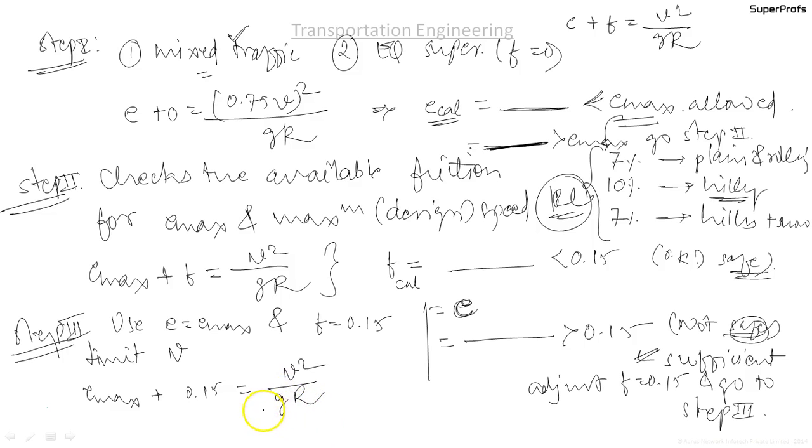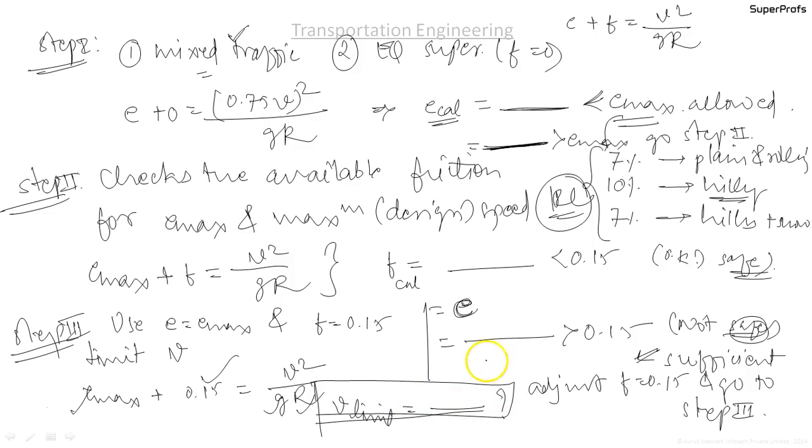G is known, R is known, Emax is known, and this value is also known. So V limit equals what? You have to limit the velocity. This is the final step in the design of super elevation.